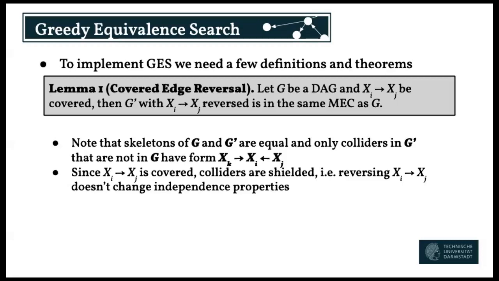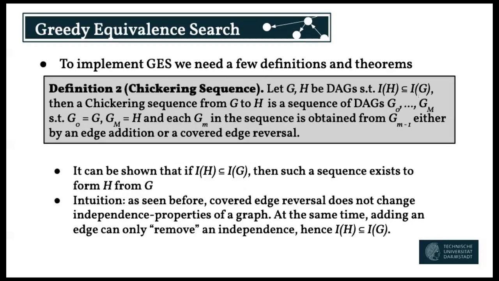The reason is, if an edge is covered, this implies that if there's a collider, this collider is shielded, which basically means that if you condition on this collider, you still have the same independency statements as if you would not condition on it. So this doesn't change anything. Well, we will see an example in a minute, I guess.